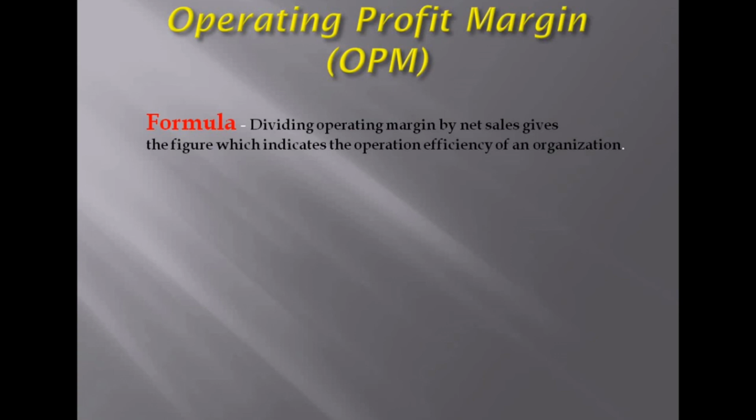So what does it mean? Let's say the operating profit margin of a company, hypothetically, is 25%. That means the company is generating 25 paisa profit against 1 rupee of total revenue. Basically it shows how much profit the company generates against 1 rupee of revenue.